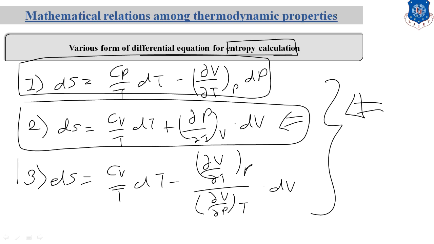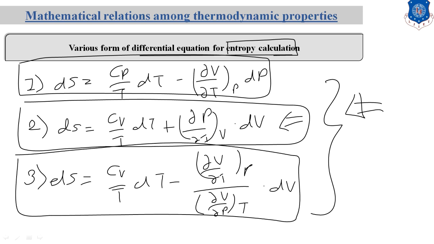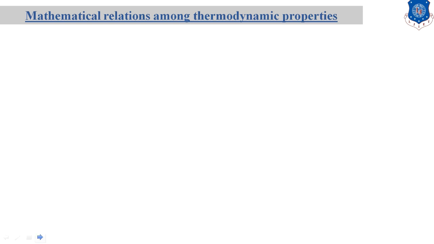Now we have to derive this equation number 3. So let's derive it. To derive equation number 3, we have to take the exact differentiation. V is equal to a function of temperature and pressure.